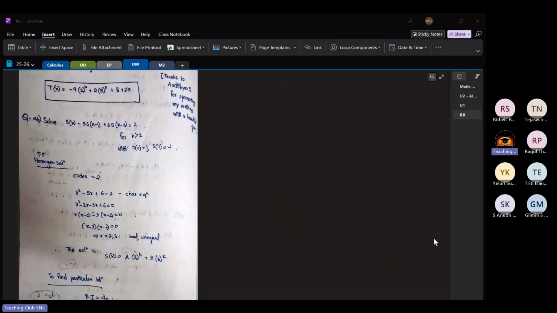I'm not able to see the chat. One second. Okay, just give me a second. Yeah, I think this should do. Yes. You can see the window, right?